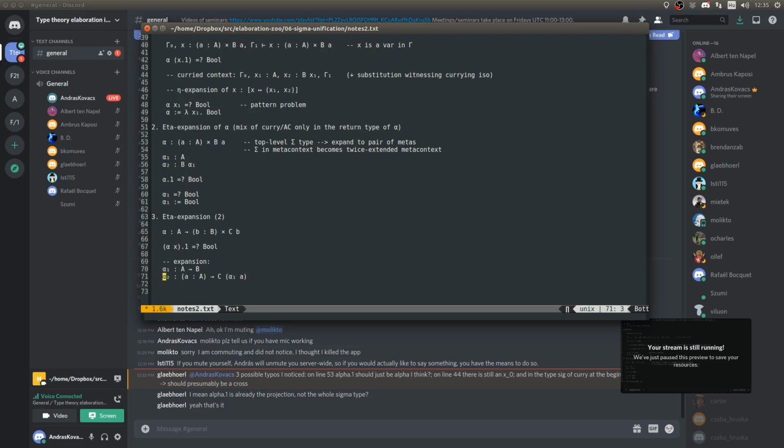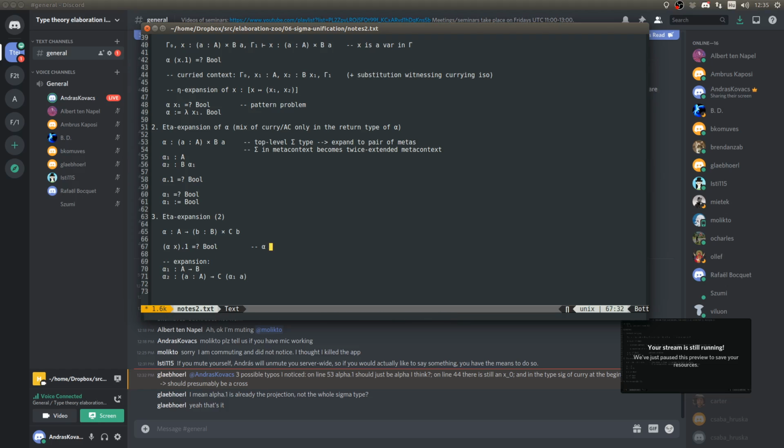And then the problem becomes, so here we have alpha and we apply alpha to x and then take the first projection, but this actually means, so we have this expansion, but then we also have this substitution.